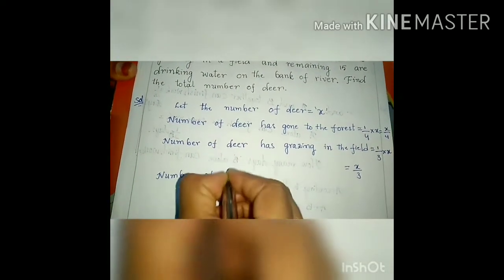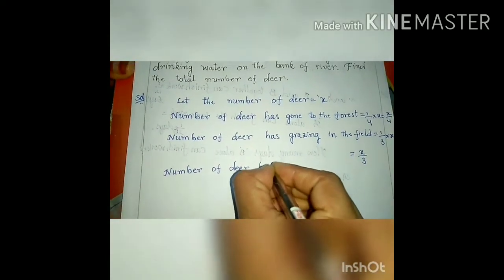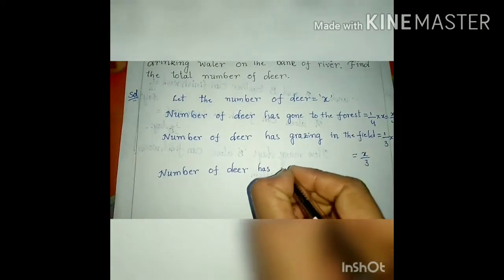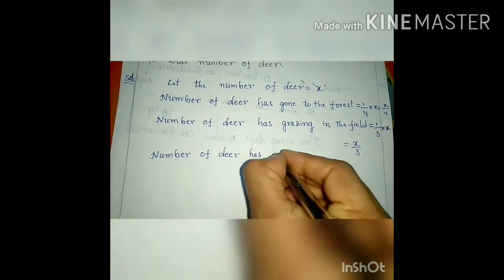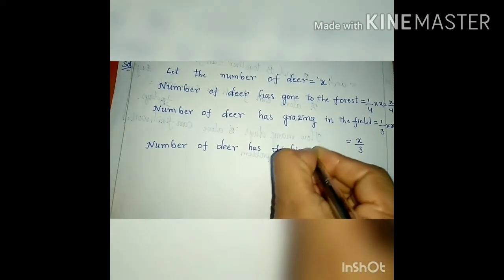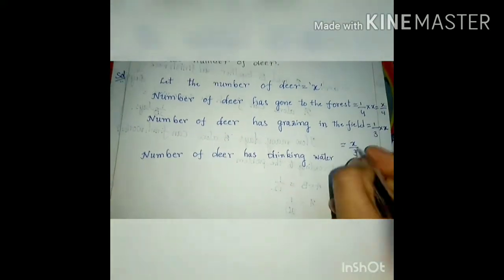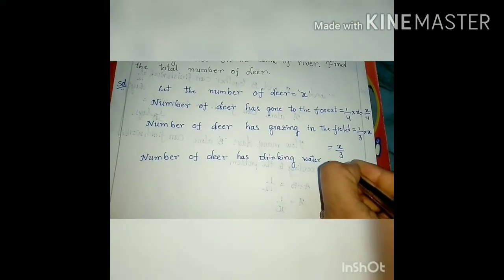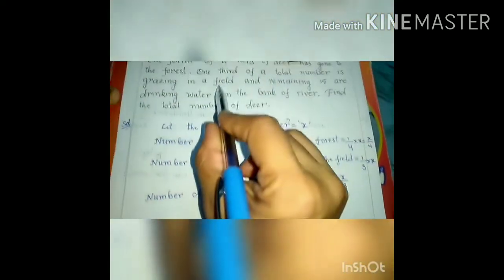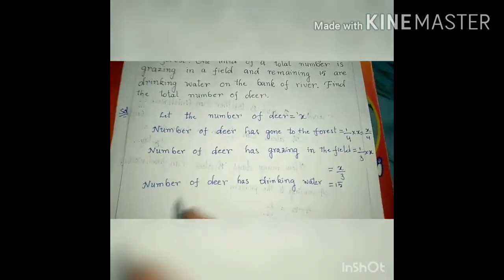So next, the number of deer drinking water equal to 15. The number of deer drinking water is 15, as the remaining 15 are drinking water on the bank of the river.